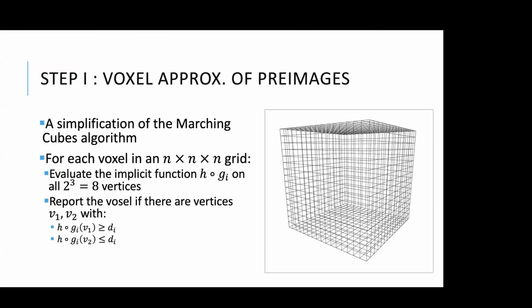So if we have one value that is greater than the distance and one that is less, then of course somewhere inside of the voxel there should be the true pre-image point. But the function is not continuous, so this might return garbage. We will see how we tackle that later. And that's kind of it.